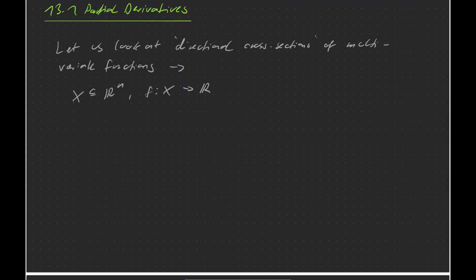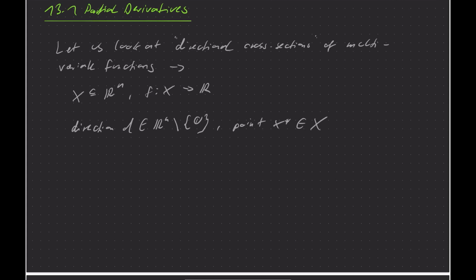We will also need a direction for the line that we are going to consider, and that will be a vector d, a direction d in R to the n. We will exclude the zero vector from that, because obviously the zero vector does not give us a useful direction. We don't just want a point, but we want a direction. And also we need a point, x star somewhere in X.